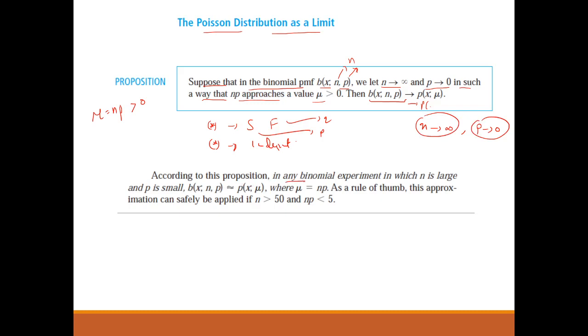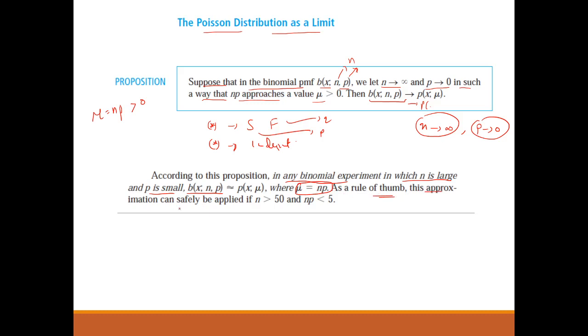So in a binomial experiment in which n is large and p is small, b(x; n, p) is approximately equal to p(x; mu), where mu equals np. That is why the mean mu is np, the mean of a binomial distribution.